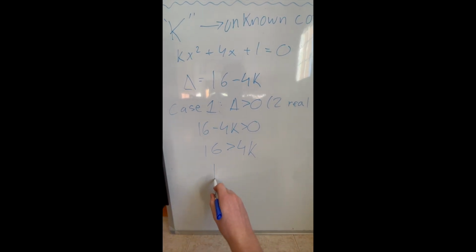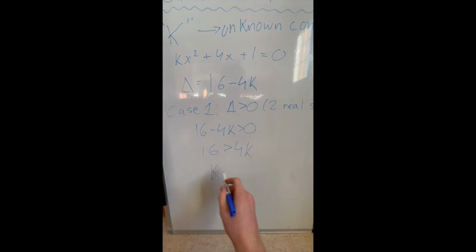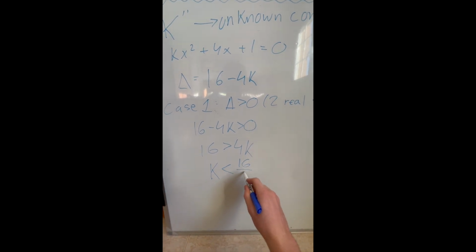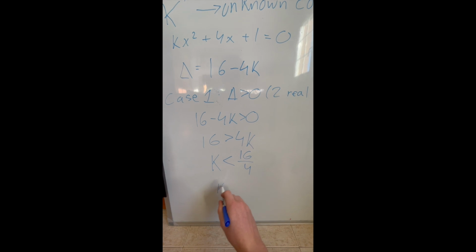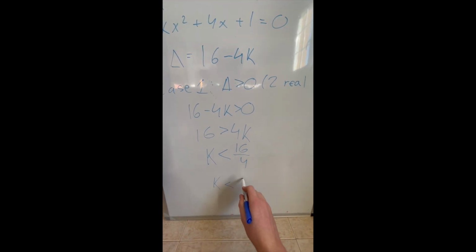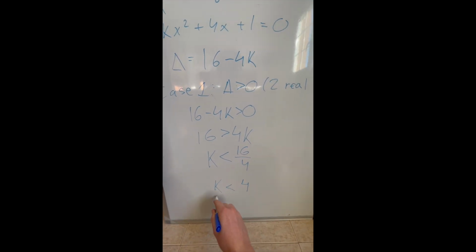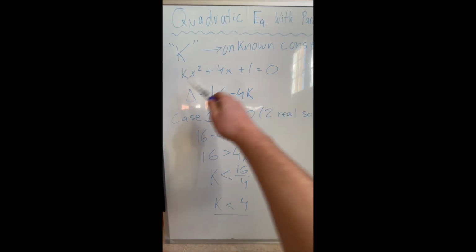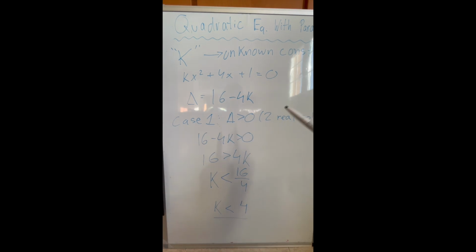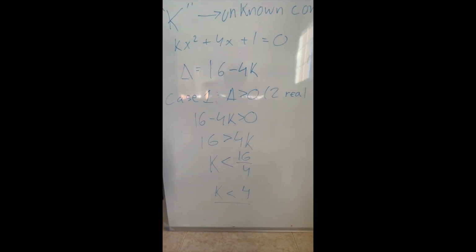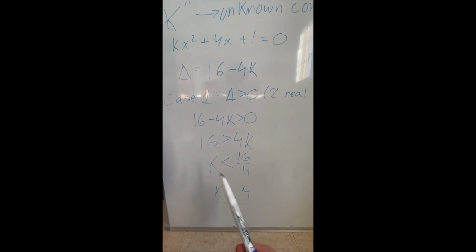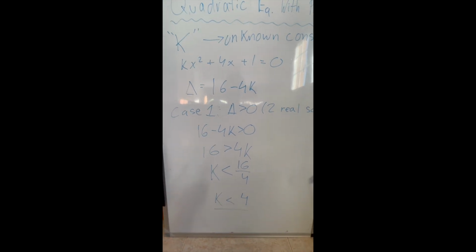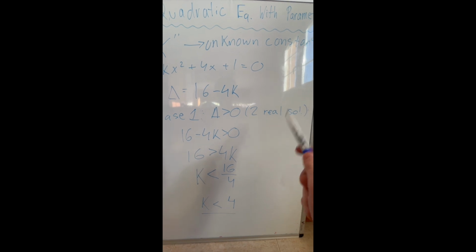And finally, moving this one here, k is smaller than 16 over 4, so k is smaller than 4. This is our range of values for this equation getting 2 real solutions. So k equals 3.9, 3.8, 3, 2, -8, -16 will all give us 2 real solutions for our value of x.